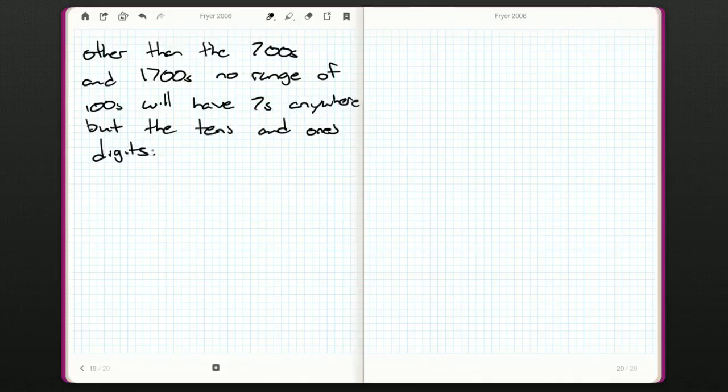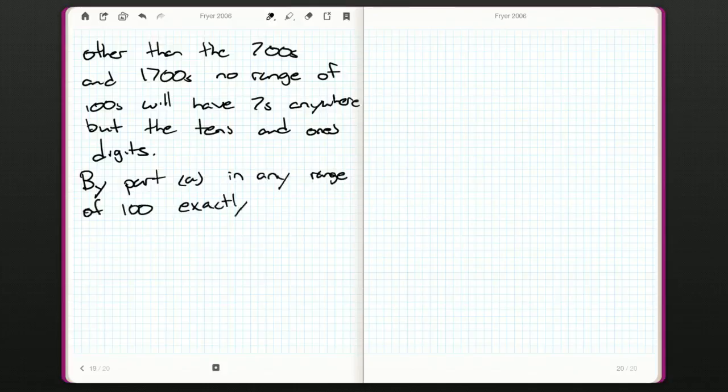Okay. So by part A, in any range of 100, exactly 81 numbers do not contain a 7.